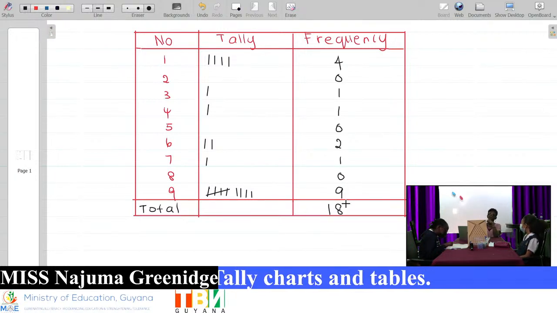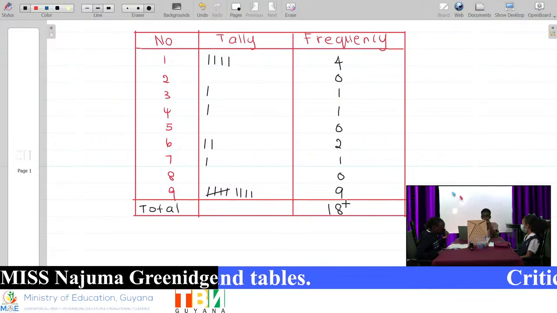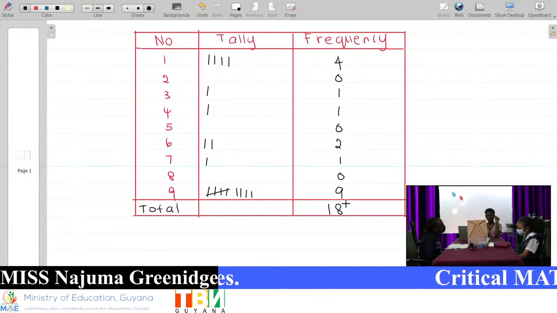Now the reason why we allow the marble to roll from the top there is that if you release it from the middle, we don't want to have any kind of bias happening. So you may want the marble to land probably within a number in the middle. So when you allow the marble to roll down the edge, it gives it an equal chance of falling on any of the numbers.